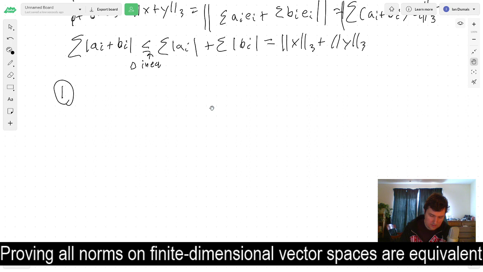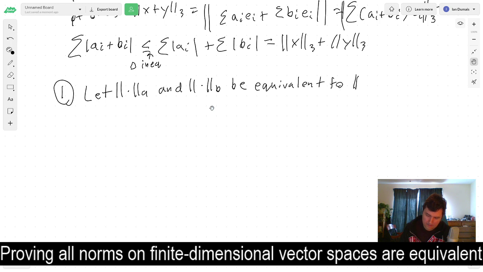So we're going to let these two new norms, I'll call them norm A and norm B. Let's say they're both equivalent to norm 3. So our goal to show this transitivity is that, oh, we did use norm 3.